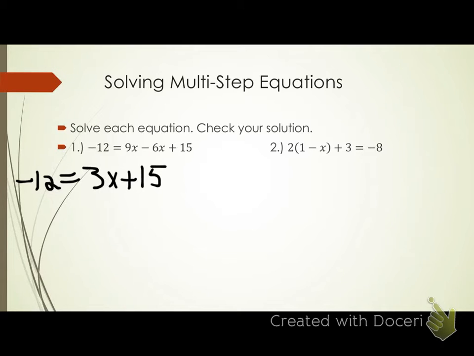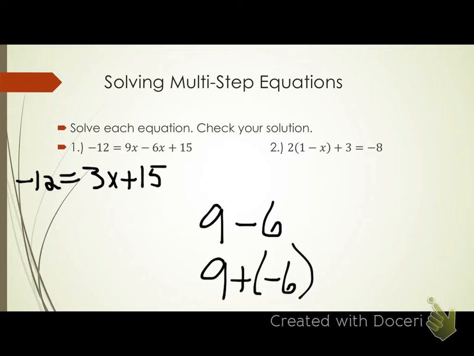So you want to combine negative 9 and negative 6? If I'm subtracting a number, that's the same thing as adding the negative of the number. Those are the exact same thing.